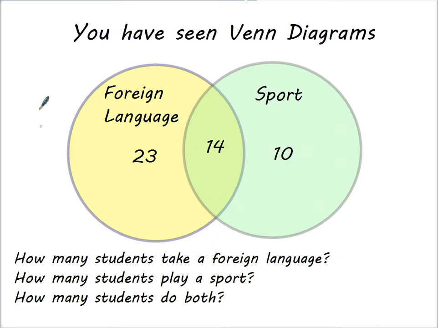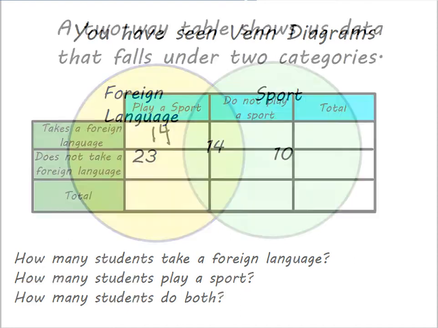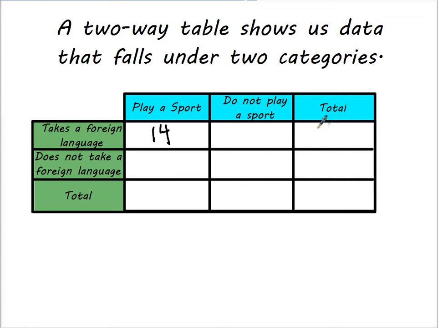That's everyone in the yellow circle. That would be 23 plus 14, 37 students take a foreign language. So I have to be a little bit careful. But for the box we're looking for, that's the 23 students that take a foreign language but don't play a sport. So 23 for a total of 37 students that take a foreign language.